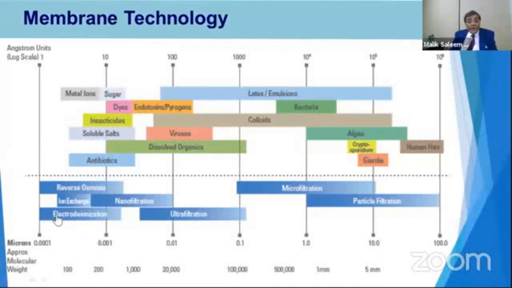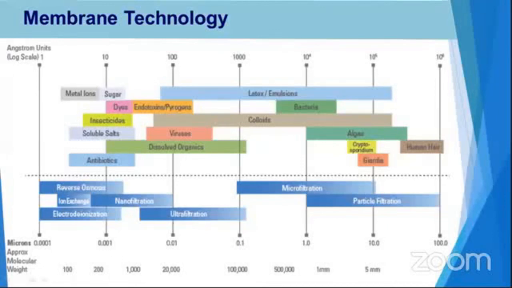Now you can see the RO membranes, reverse osmosis. We can remove particles or ions or molecules having a size of 0.001 micron.